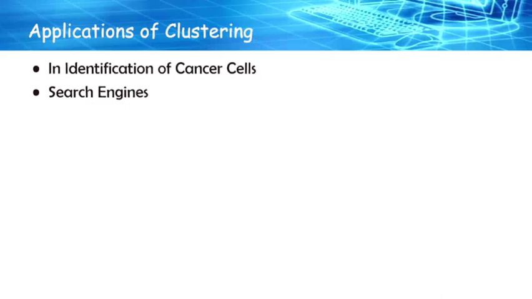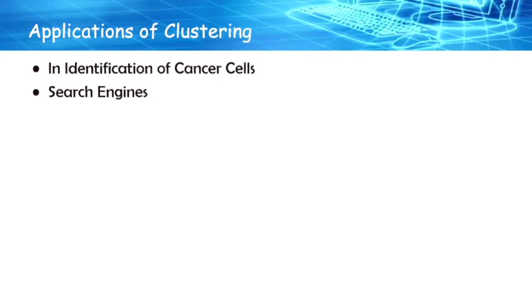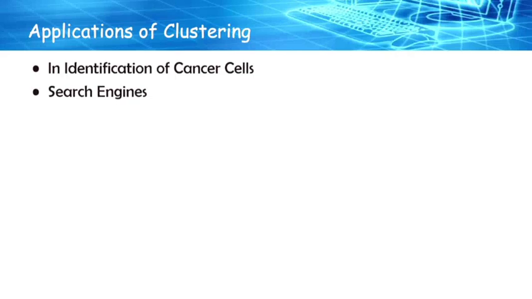Basically, the search result appears based on the closest object to the search query. It does this by grouping similar data objects in one group that is far from other dissimilar objects. The accuracy of the query result depends on the quality of the clustering algorithm used.